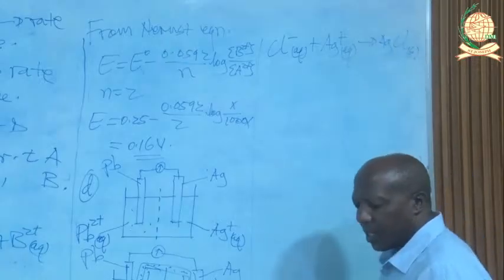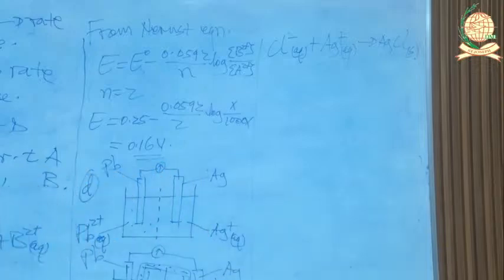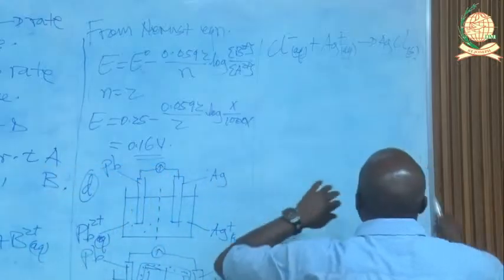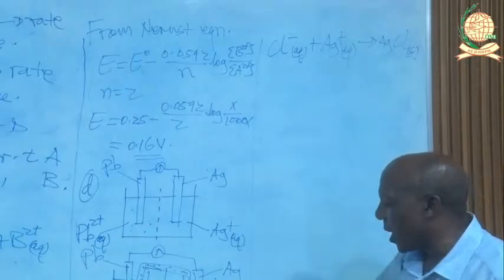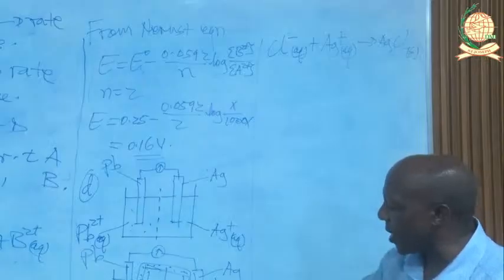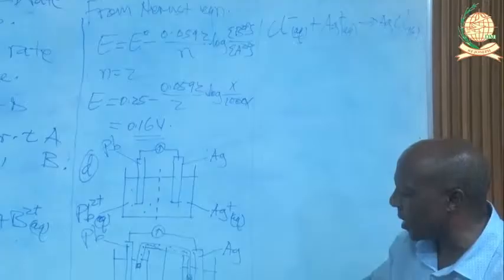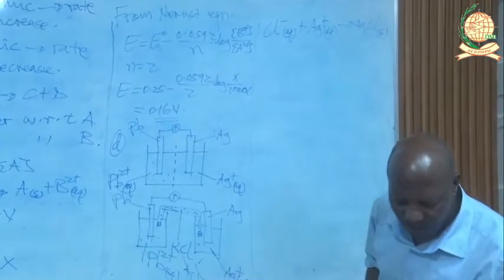Now that silver chloride is slightly soluble or insoluble in water, so it means the cell will not work because it will precipitate instead of chloride ions entering this cathode half cell and maintaining the electrical neutrality. Instead, it will precipitate and the cell will not work.